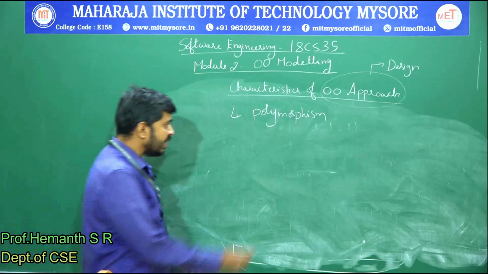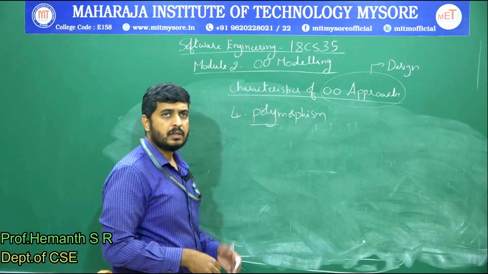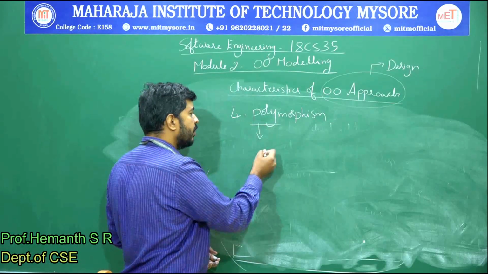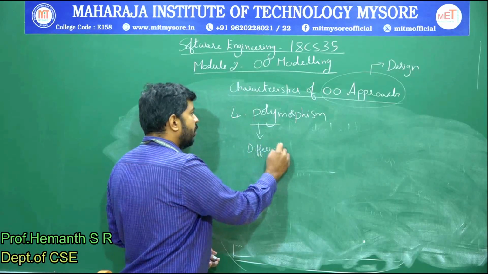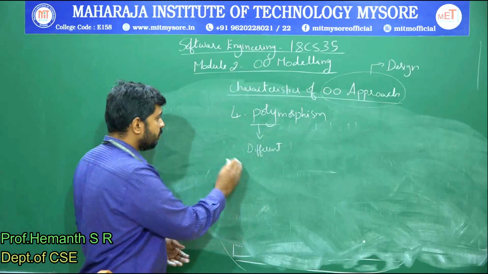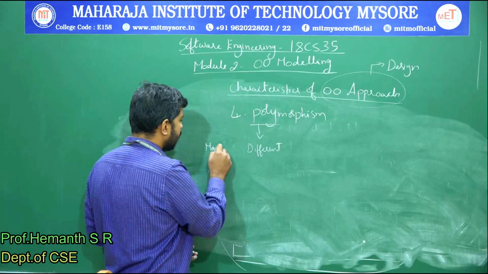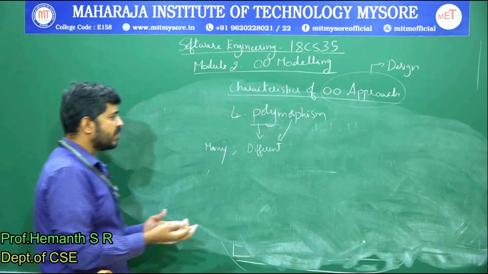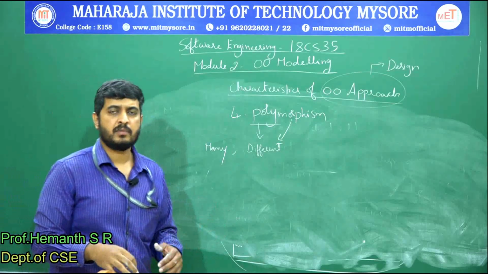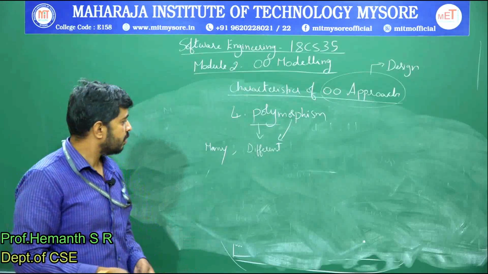Poly is an English word. Poly means many. Morph means different. So polymorphism means behaving in different ways, behaving in different forms.